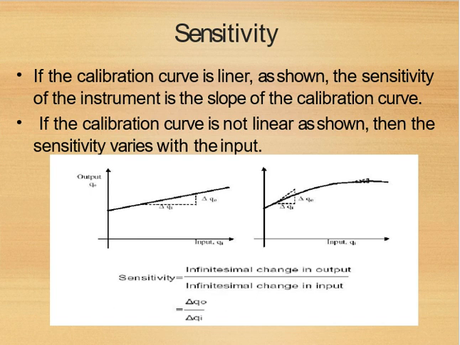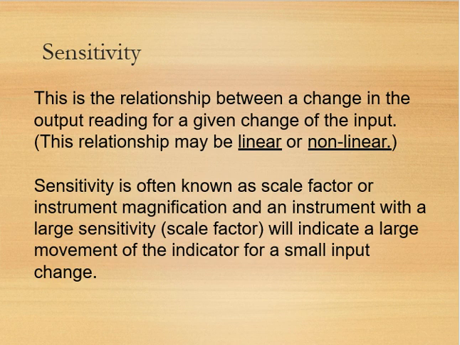Okay, so if you see the sensitivity again, this is the relationship between the change in the output reading for a given change in the input. This relationship may be linear or non-linear based upon the instrument that you are going to use and the characteristics of that instrument. The sensitivity is often known as scale factor or the instrument's magnification, and an instrument with a large sensitivity scale factor will indicate a large movement of the indicator for a small input change.